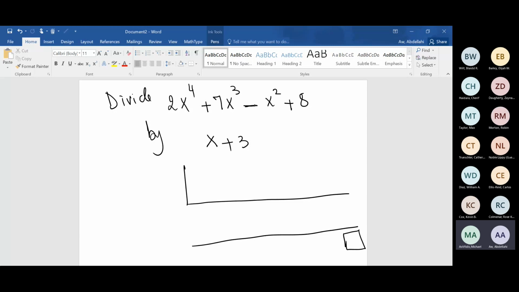If you go down, you have power 4, power 3, power 2. What power of x should come before the 8? Power 1, right? Since I don't see power 1, I put 0. Okay, I see what you're saying.